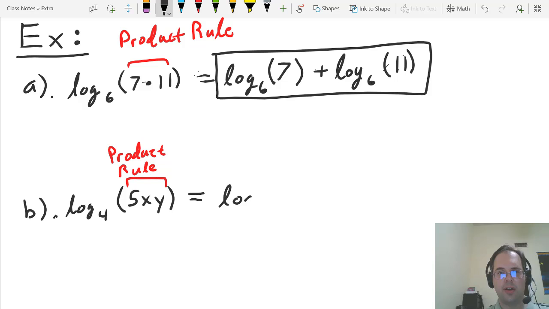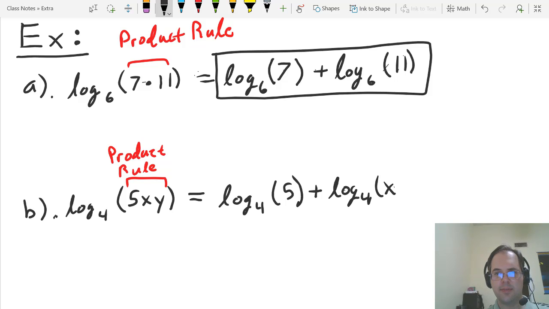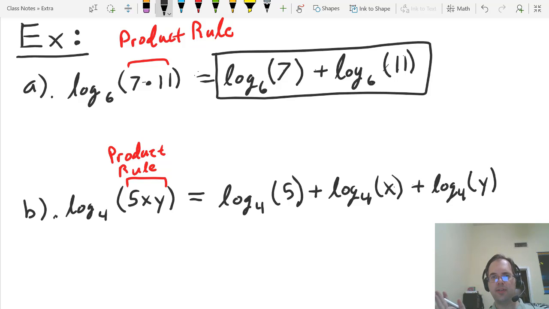So I start by going log base 4 of 5, and then we do addition, log base 4 of x, and then lastly log base 4 of y. Now we've split it into three logarithms, each one of them being added together, and that's what the product rule allows us to do.